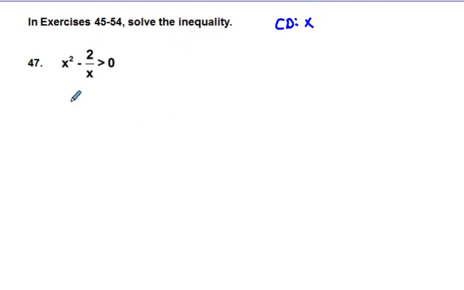And so we ask ourselves, if we take this x squared, what do we have to multiply by x squared to get our common denominator of x? What do we have to multiply the numerator likewise by? Also x.